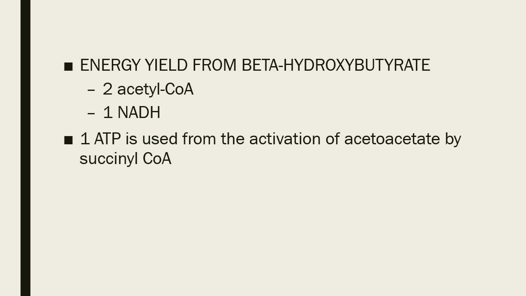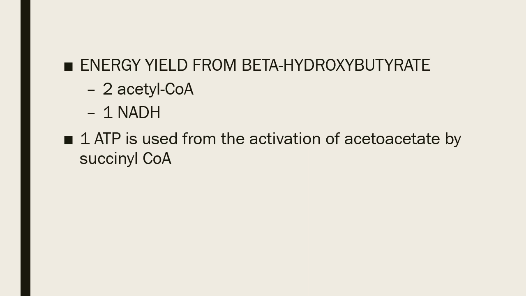Let's take a look at the energy yield from the catabolism of beta-hydroxybutyrate. You produce two acetyl coenzyme A in the process.